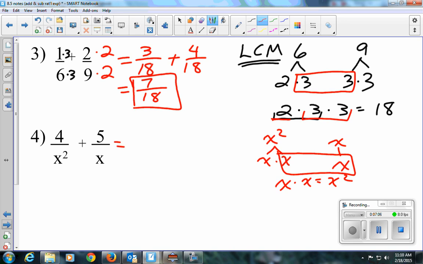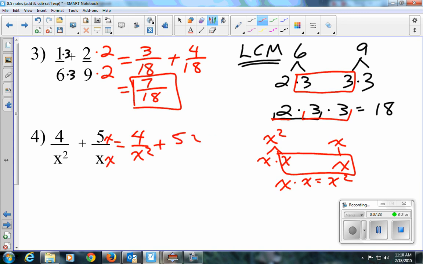Okay, so I don't have to change this first one if x squared is my least common denominator. So I have 4 over x squared. That didn't change. Okay, so I look here. To make the denominator x squared, I'm going to multiply the top by x and the bottom by x.